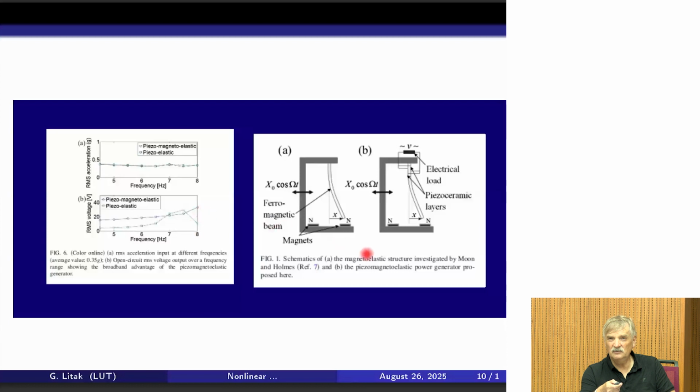And for the system with magnets, you have a much larger response, and this is like a broadband. So they called this broadband effect. But you needn't be exactly at this point, you can work in some other place. So this was called broadband, but was not explained in this paper.